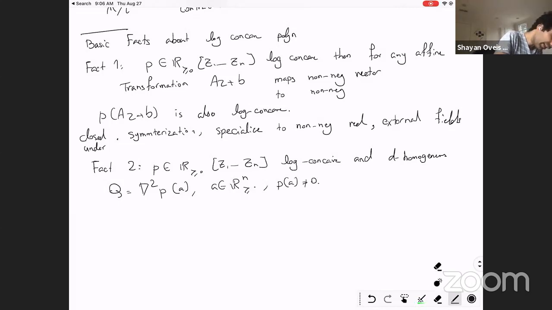Then P is log concave at A if and only if, in other words, the Hessian of log of P is negative semi-definite at A, if and only if the Hessian of P at A, which is Q, has at most one positive eigenvalue.